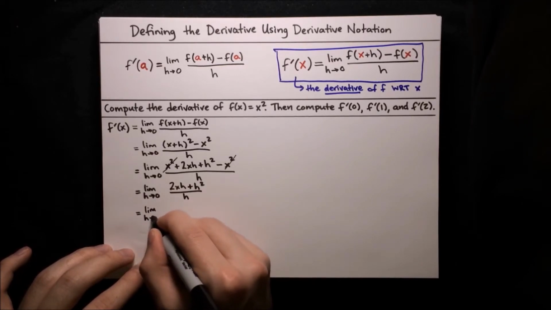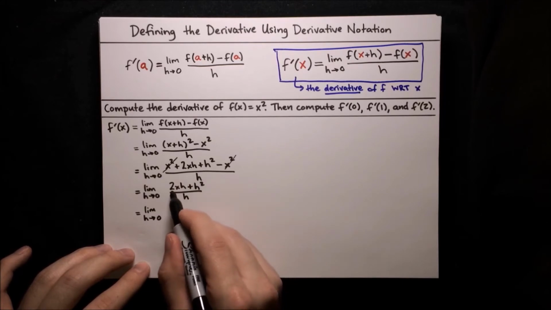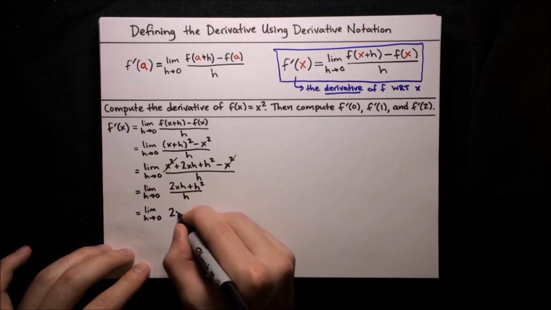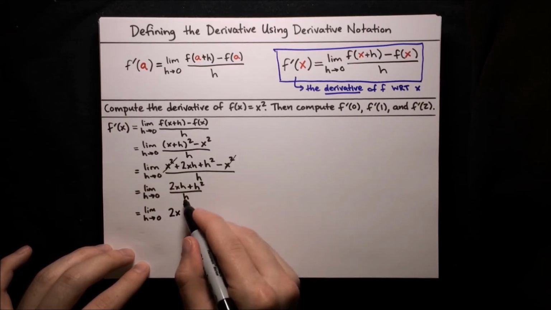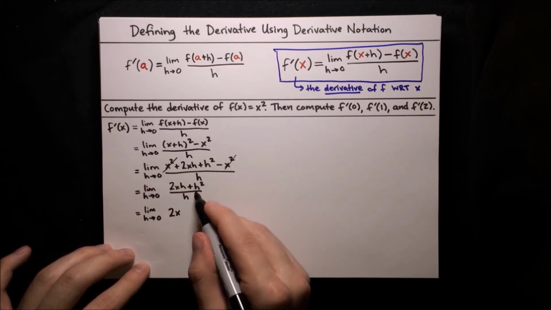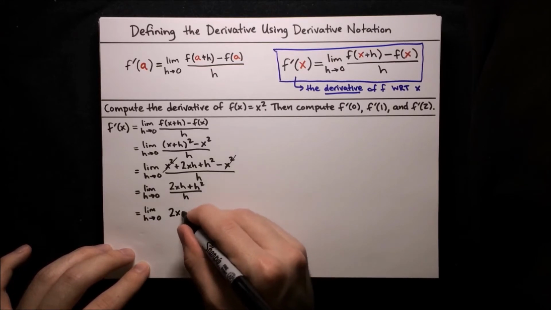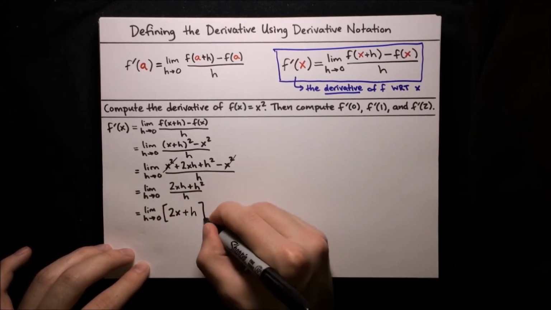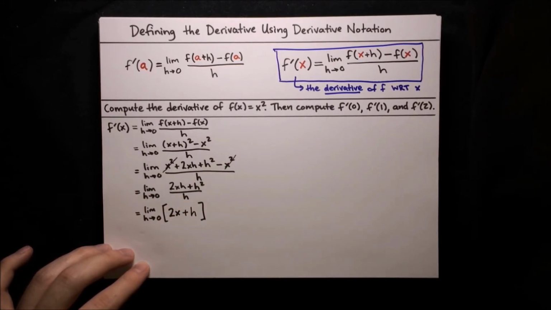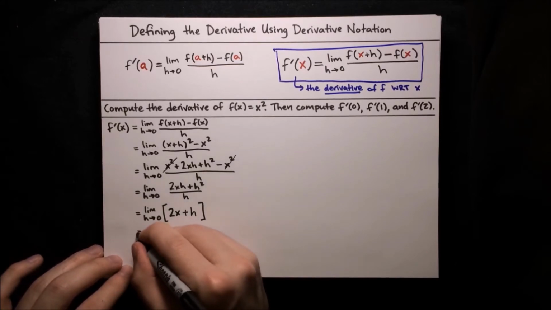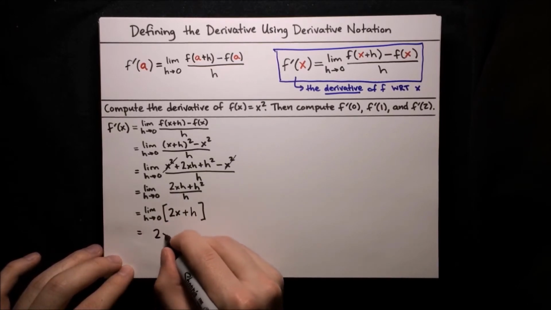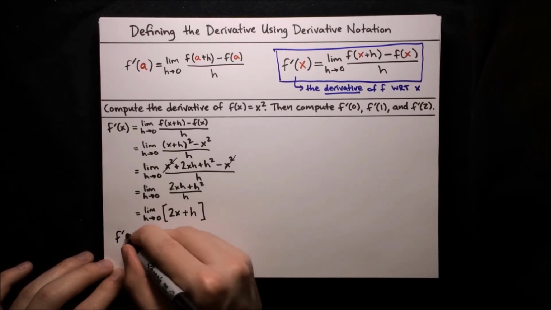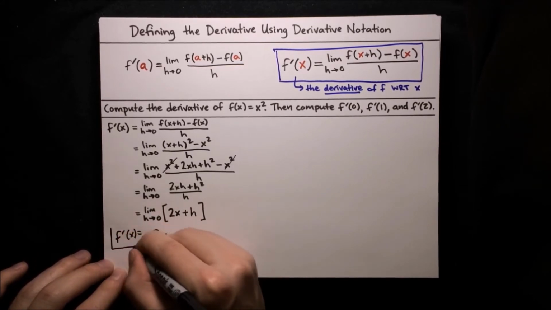This limit as h approaches 0 of, well, 2xh divided by h, that just gets rid of the h, so we just have 2x, and then h squared divided by h, that gets rid of one of the h's in this h squared, and we still have one h left over, so just plus h. And we're taking the limit of that entire expression. Now we can go ahead and just plug in h is 0, and then we get 2x plus 0, so just 2x. So there we go, there is our derivative. F prime of x is equal to 2x.